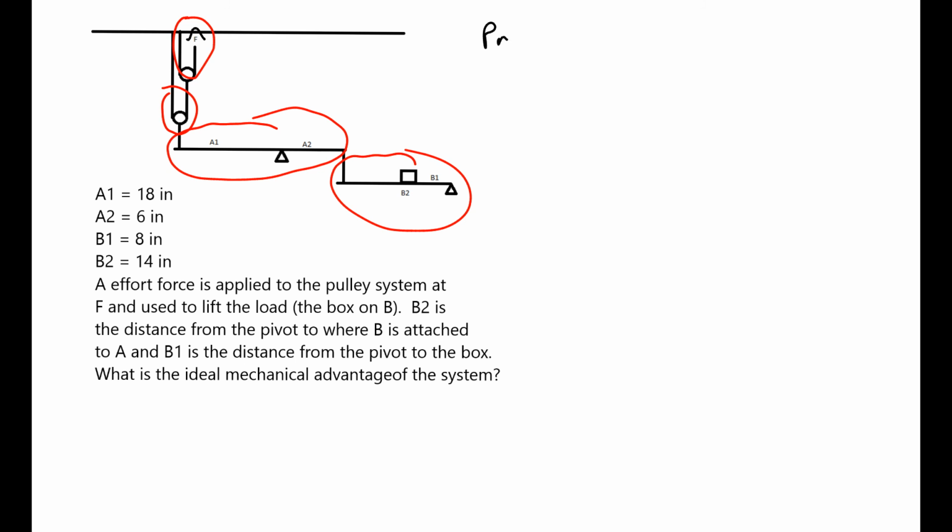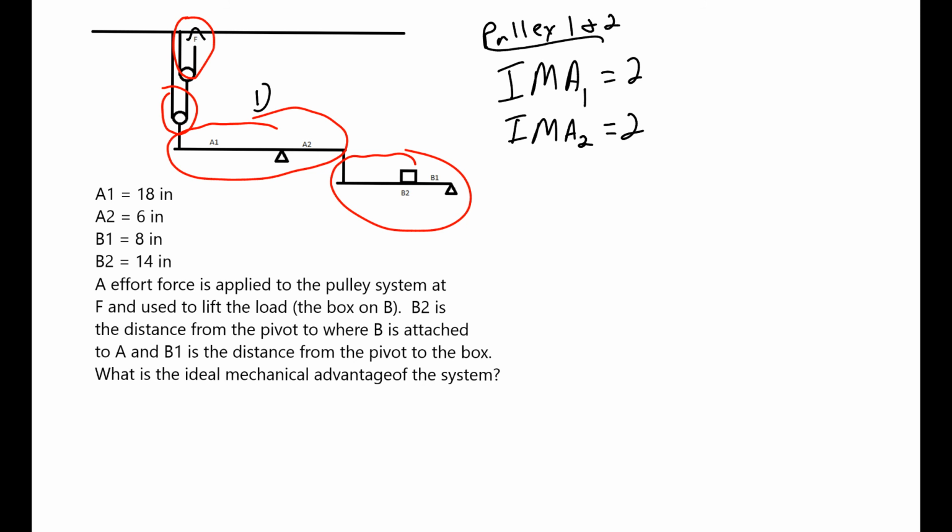So pulley 1 and 2. What's the IMA of both of those going to be? 2. Everybody understand how we got that? Call that lever 1 and lever 2.